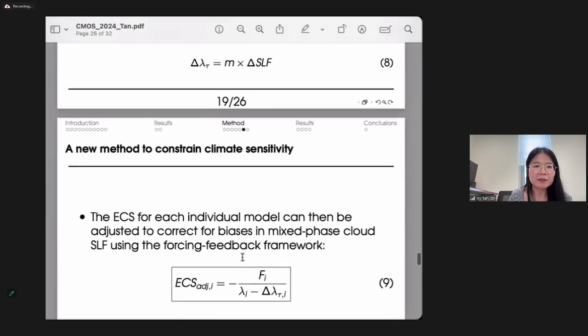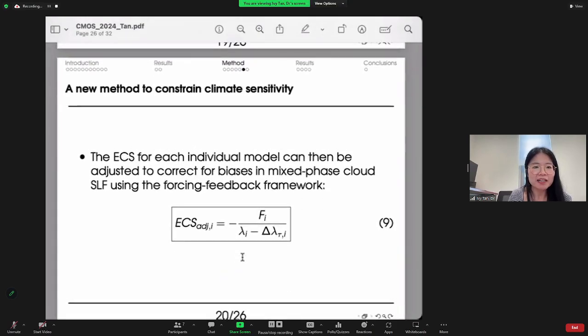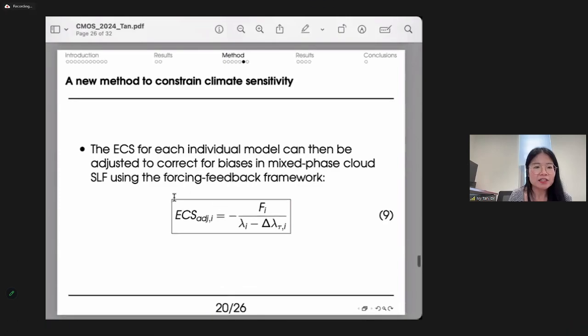We can feed that back into the equation for ECS using the forcing feedback framework and calculate the adjusted ECS for each individual Earth system model. So this final equation is our new method for adjusting the ECS for each Earth system model to account for biases in the cloud optical depth feedback via its relationship with SLF.